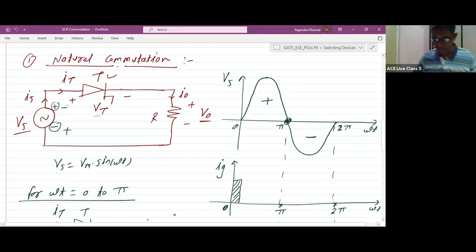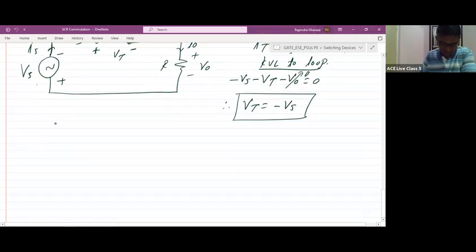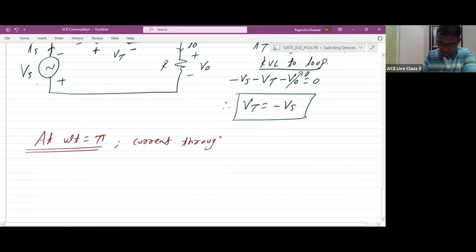Okay, so here let me write two statements. At omega t is equal to pi, the current flowing through the SCR becomes 0.